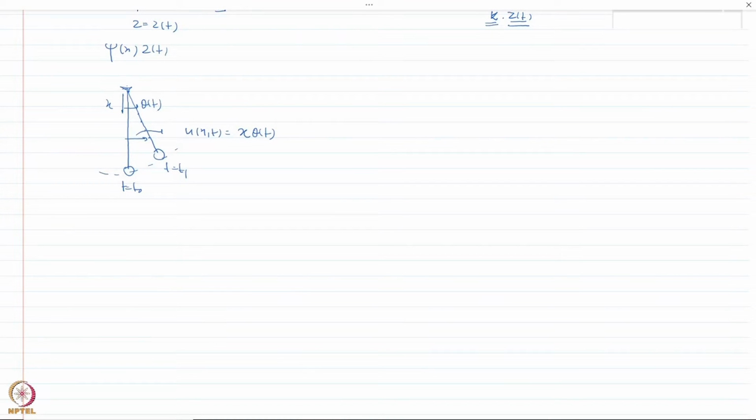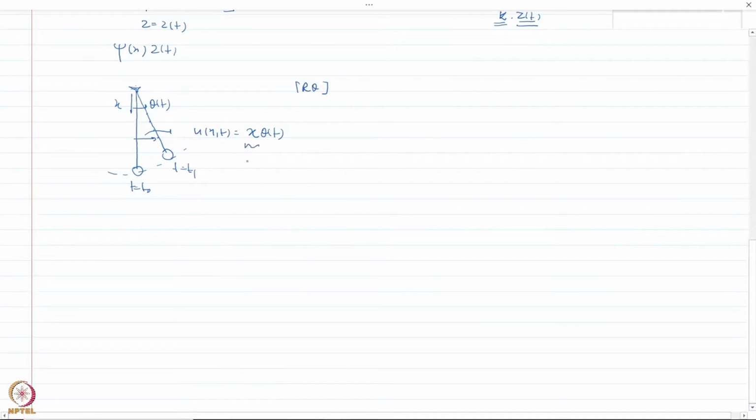Whatever theta t we are considering, we are going to multiply that with x. Now for this case, and this we have already been doing, remember r theta basically represents the location on the circumference, or the radial location of any particle. Now for this case, u x t represents the displaced position of any point. Here x is the phi, or the shape function.